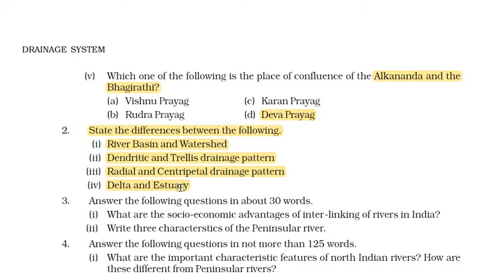Estuary का मतलब क्या होता है? So estuary basically is when the slope is steep at the end of the river, when the river is going to meet the sea. If the slope is steep and the section of river is high as compared to the sea, and the river is going to drop into the sea from a height, then that does not result in the deposition of sediments.